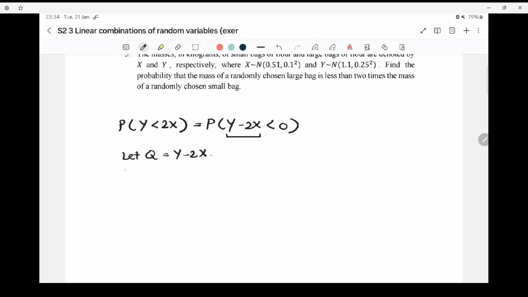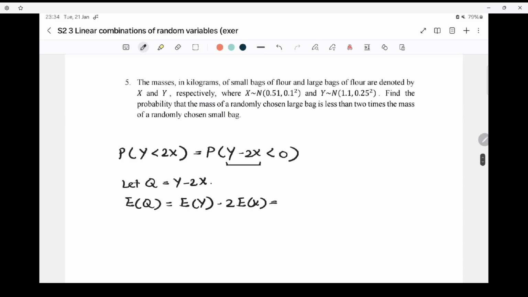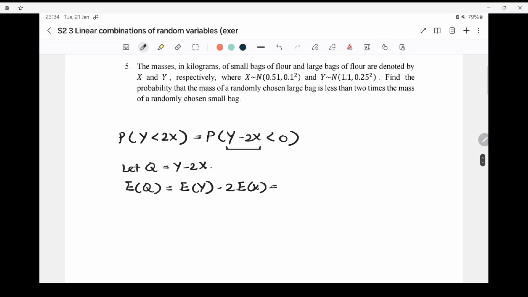Then you find the expected value of Q. It will be E(Y) minus 2E(X). So that will be 1.1 minus 2 times 0.51. That will give you 0.08.